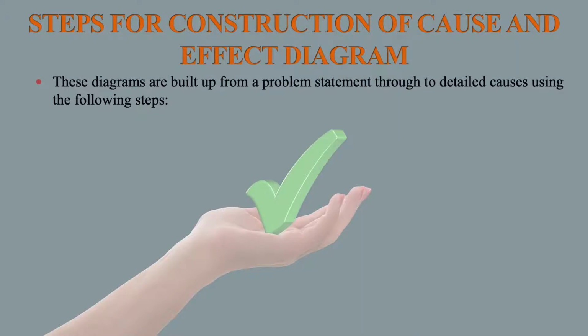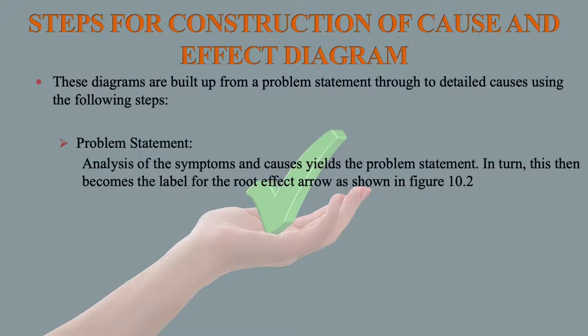Then the steps for construction of a cause and effect diagram. What are those steps? These diagrams are built up from a problem statement through detailed causes using the following steps. Statement: one has to give what the problem is. Analysis of the symptoms and causes yields the problem statement.